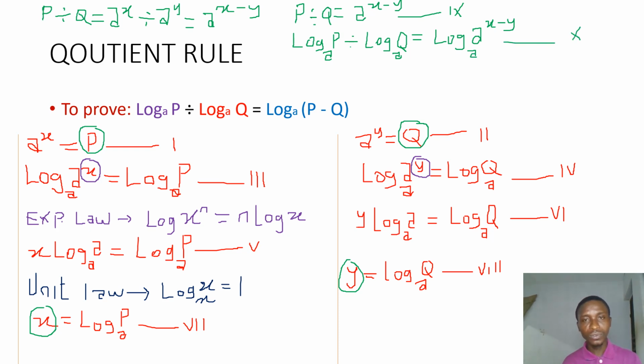So what do we want to do with equation 10 now? What we want to do with equation 10 is we apply the exponential rule here so that x minus y can become base, they can come down.